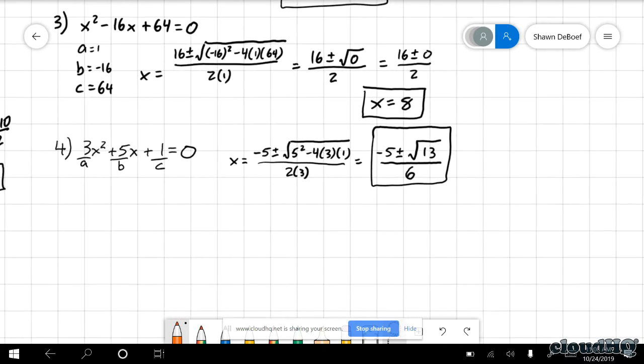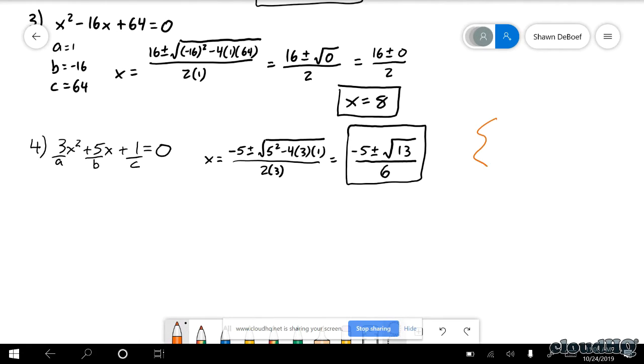Consider a completely different problem. I don't want you to be confused about where this came from. I'm just making something up to make a point. What I just wrote in orange is not the solution to any of the problems we've just done. But what if we did the quadratic formula and we ended up with something like this?